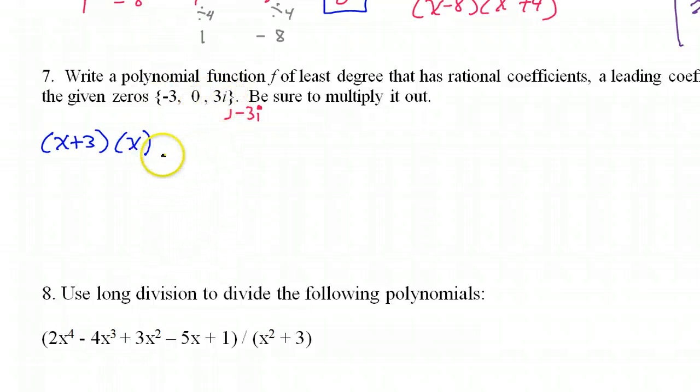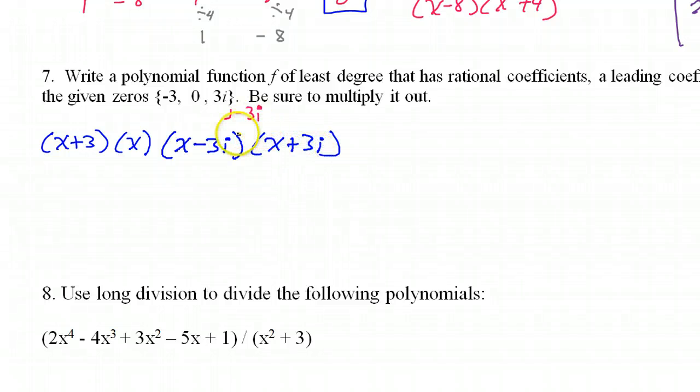And let's see, 3i would give us a factor of x minus 3i. Negative 3i would give us a factor of x plus 3i. See how they're opposites? Okay. So all we need to do is multiply all this stuff together.